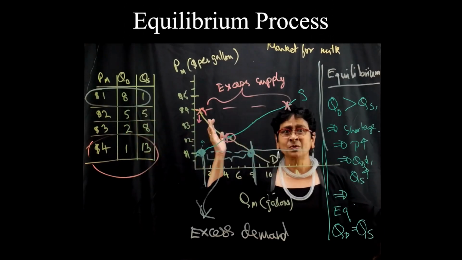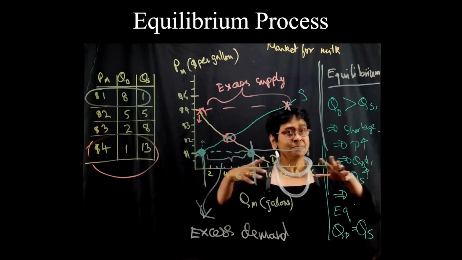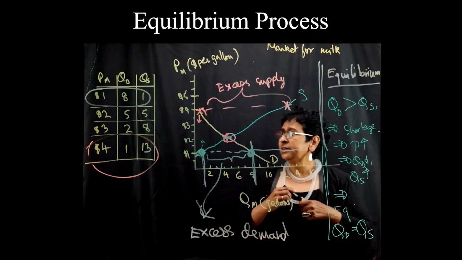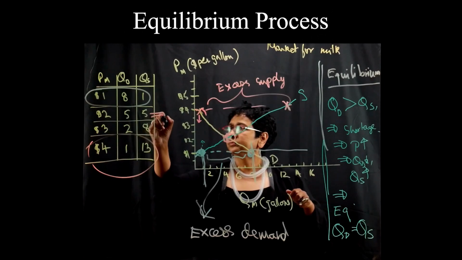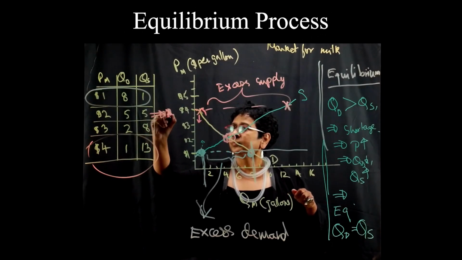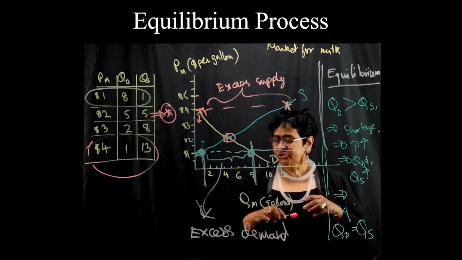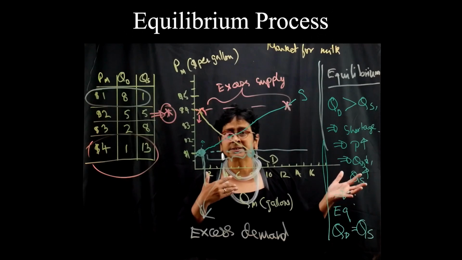So producers want to sell 5, consumers want to buy 5, everybody's decisions are met, and that's the end of that. And that would be equilibrium. So over here, that is the equilibrium, right?